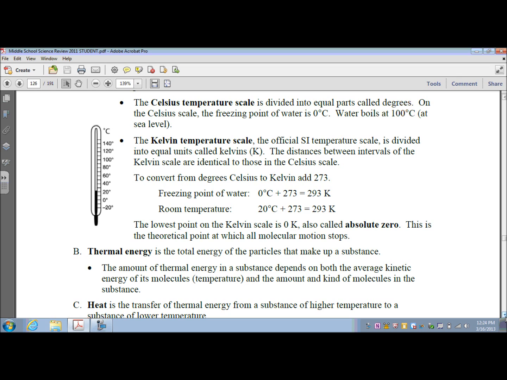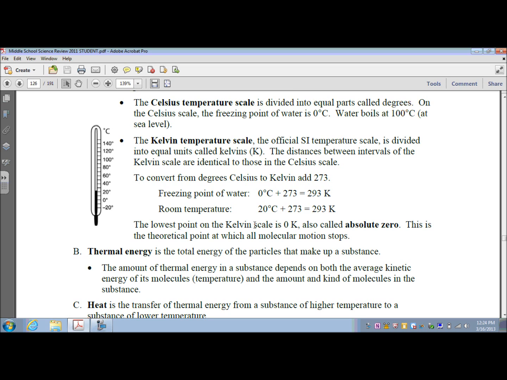To convert from degrees Celsius to kelvins, add 273. Freezing point of water, since it is 0 degrees Celsius, if we add 273, it should be 273 Kelvin. This right here is a typo in our book. It should be 273 Kelvin.